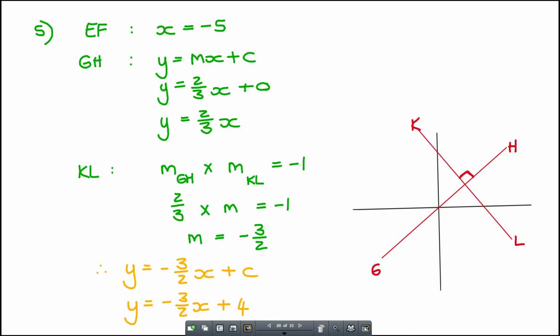Ons weet dat die gradiënt van GH is mos 2 op 3. Dit het ons nou hier uitgewerk. Nee, kyk gou. Hierso het ek GH gaan uitwerk, daar is sy vergelyking. Ja, hierdie 2 op 3 het ek net so daar gaan instel. Bedoel jy toe ek hier vir GH uitgewerk het?